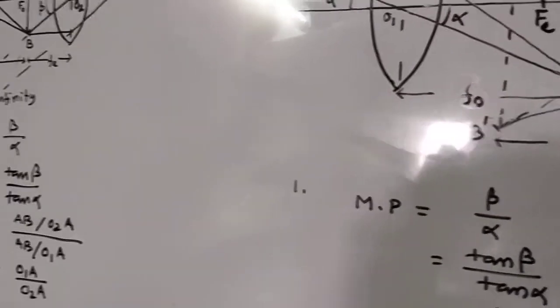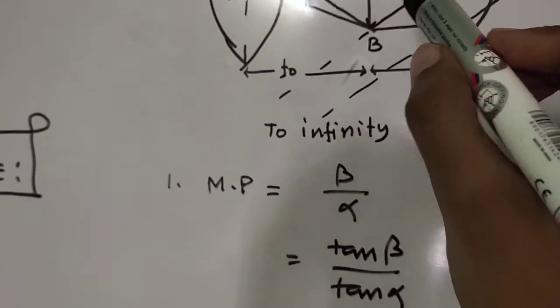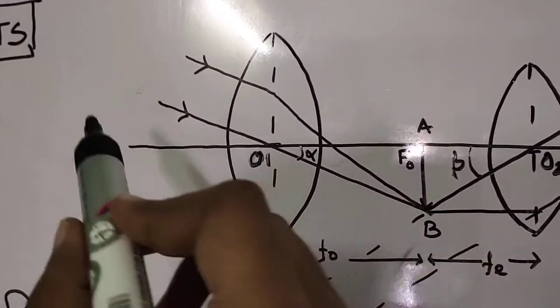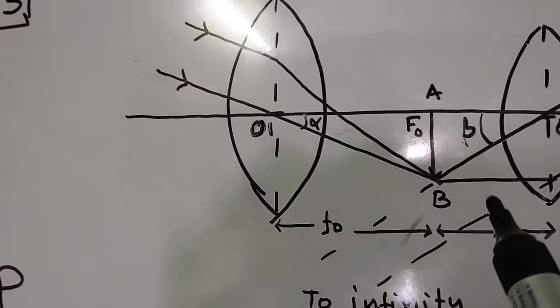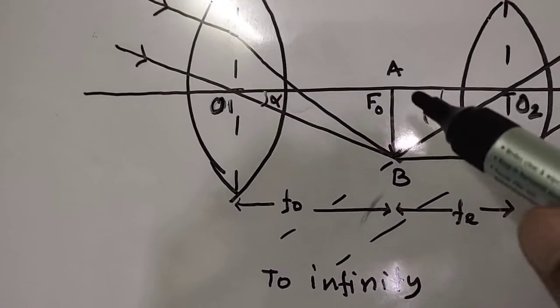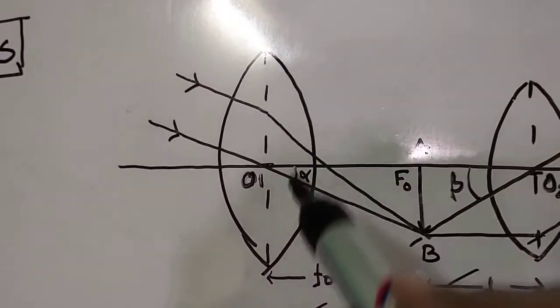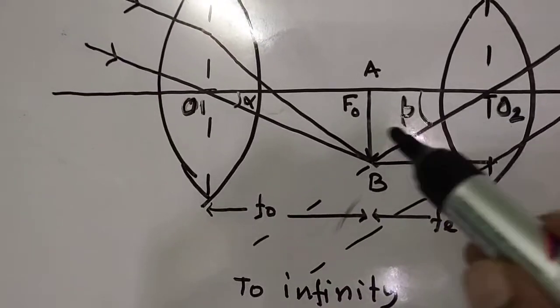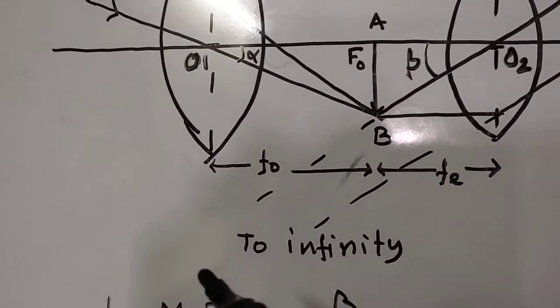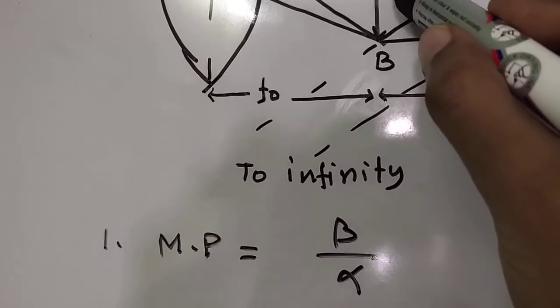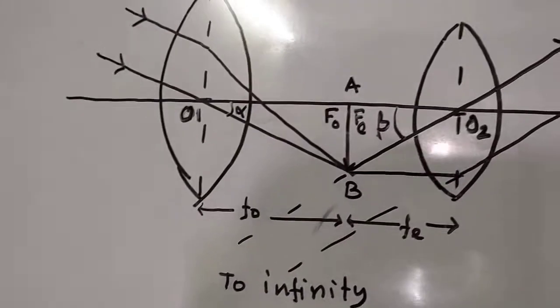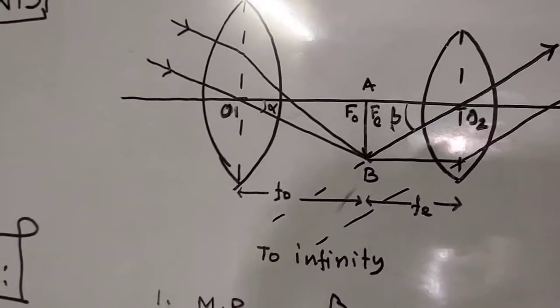Again, this point is at the focus of the objective because the rays are coming parallel, so they intersect and the image is formed at the focus of the objective. This is your objective. This one is also at the focus of the eyepiece, that's why we get an image at infinity. So this point you can again consider as F suffix E.